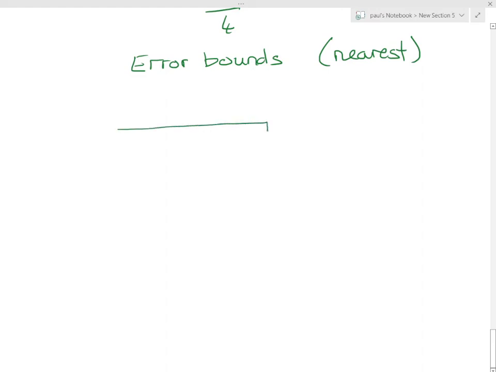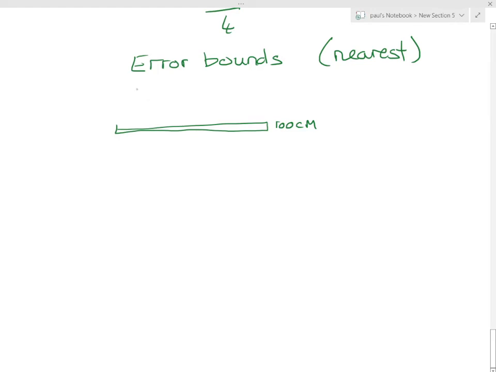Right, the next bit we looked at was error bounds. Now, this was quite tricky, this one. In the question, you will always have this word, nearest. To the nearest something. Now, an example. We cut a piece of pipe there, lovely piece of pipe, and that is 100 centimeters long.